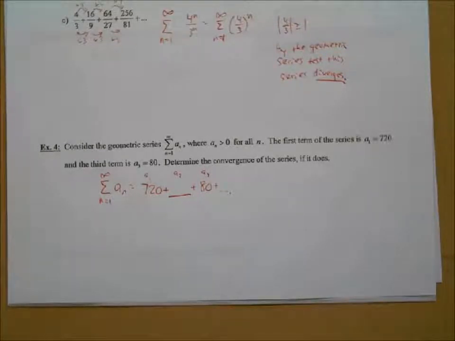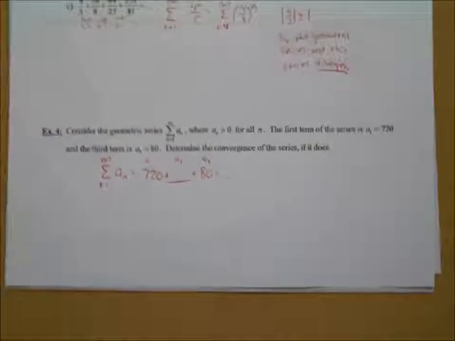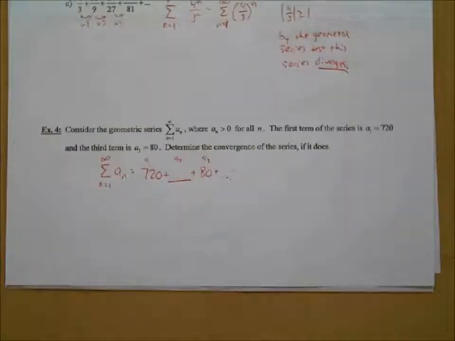Well, we know it's geometric, but in order for us to figure out whether it converges or not, we need to figure out the common ratio. Is r less than 1 or is r greater than or equal to 1? Well, with this information, how can we figure out the common ratio? Do we have enough here to figure out the common ratio?